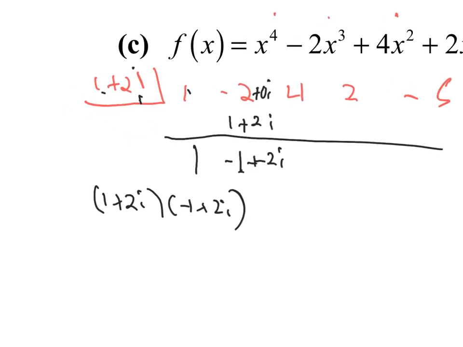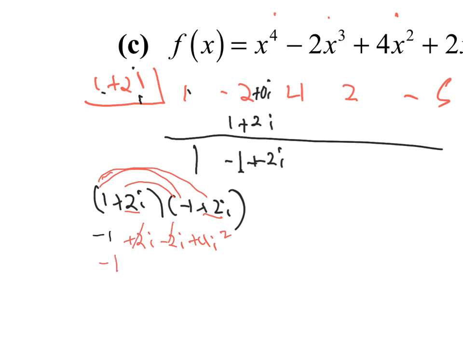1 times negative 1 is a negative 1. That's these two. A 1 times a 2i is a 2i. A 2i times a negative 1 is a negative 2i. Then a 2i times a 2i is a 4i squared. That turns into a negative 1. These two cancel.